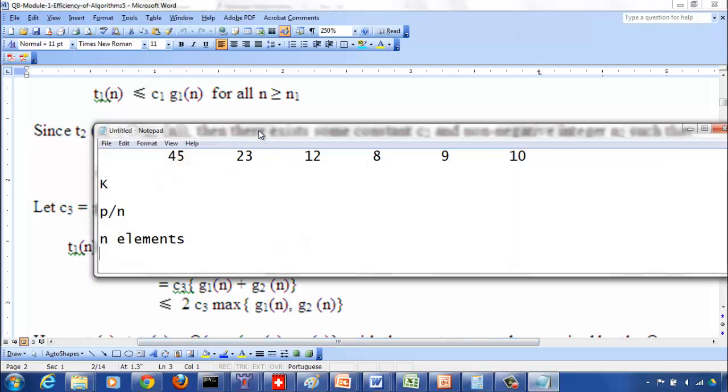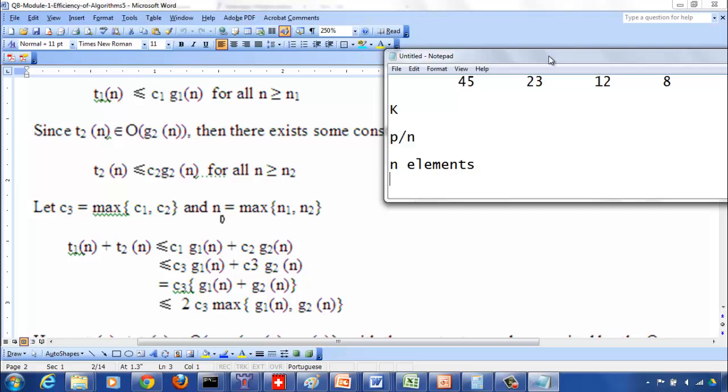It's something like this. Say you have 2g1 plus 3g2. This is going to be less than or equal to 3g1 plus 3g2. Why is that? Because if you put in the maximum of these two integers, it's always going to be greater than or equal.